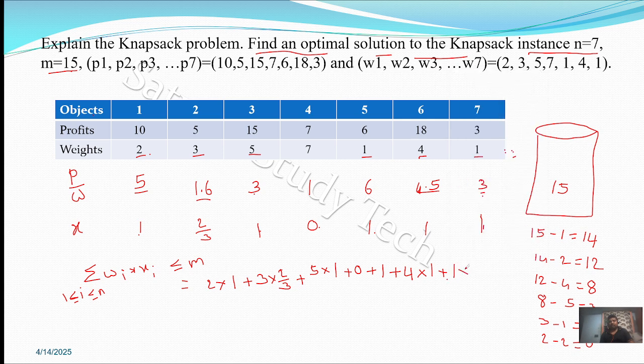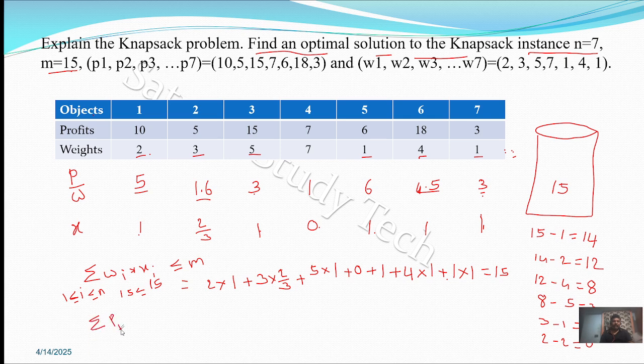So 1 into x value 1, 1 into 1. So what is the total value here? We can see already, that is 15. So 15 is less than or equal to the bag capacity, which is 15. So it satisfies this constraint. This problem satisfies this constraint. So what is the maximum profit you can get?